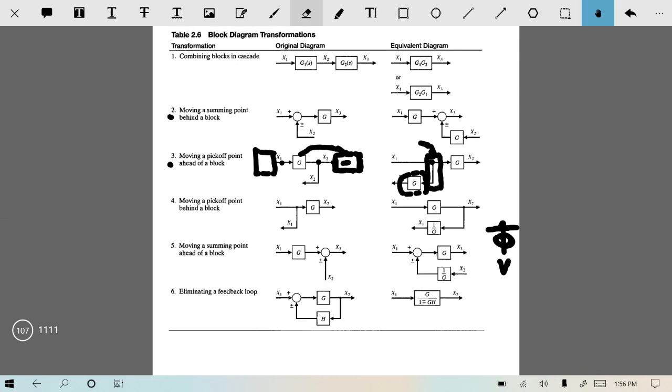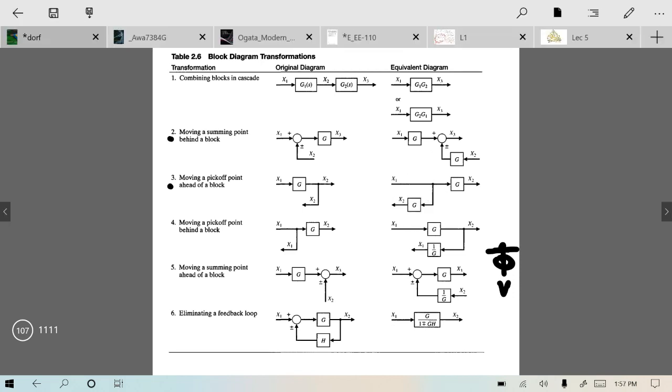Let me remove this. I just wanted to address the question that I received over email. The intention to move this pickoff point from this point to over here can vary. It depends on the bigger picture.